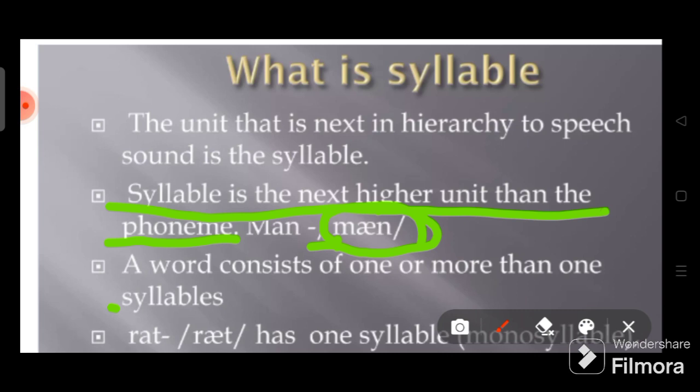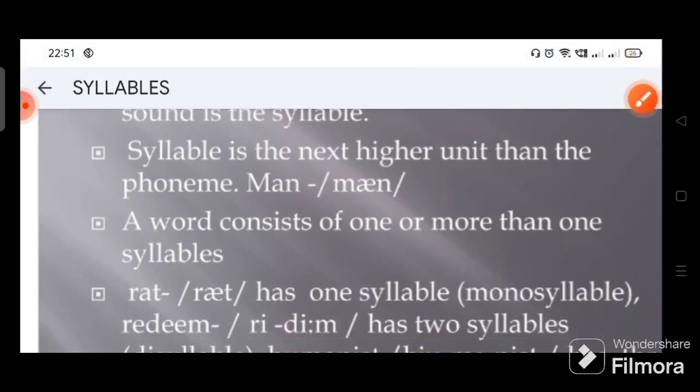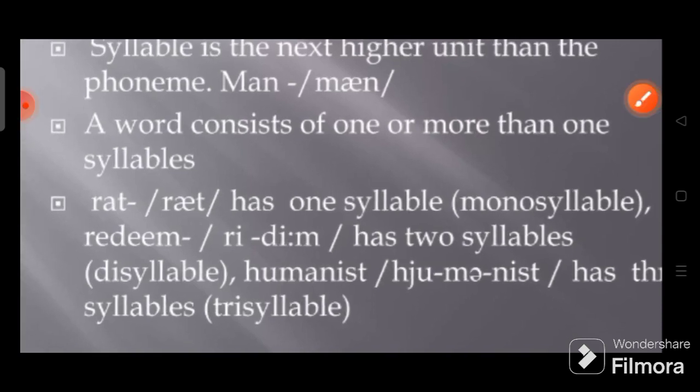A word consists of one or more than one syllable. So one word may have one syllable or more than one syllable: one syllable, two syllables, three, four, five syllables, etc.